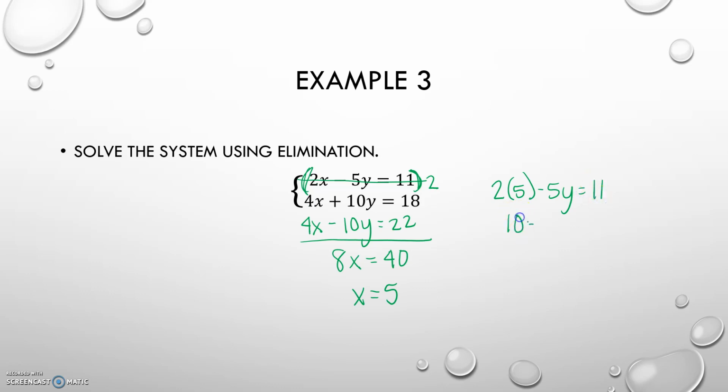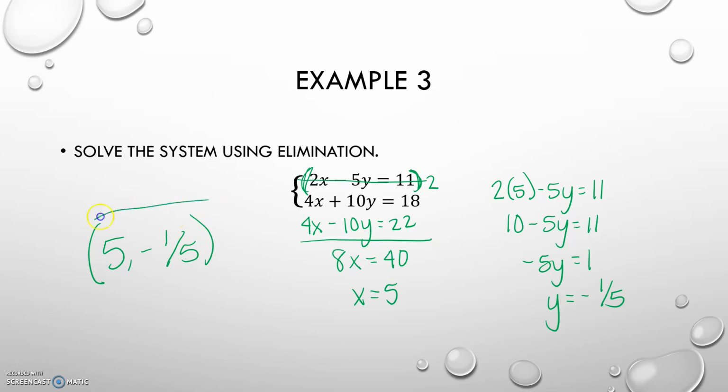That gives us 10 minus 5y equals 11. Negative 5y equals 1. Then divide by negative 5, we get y equals negative 1. And that's it.